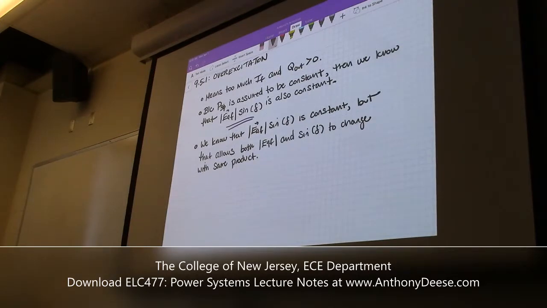So the product of the two must stay the same, but that doesn't necessarily mean that the individual values need to stay the same, right? EAF can go down while sine delta goes up. Sine delta can go down while EAF goes up, as long as our power, real power, stays the same.